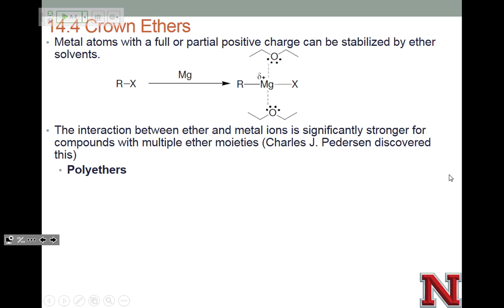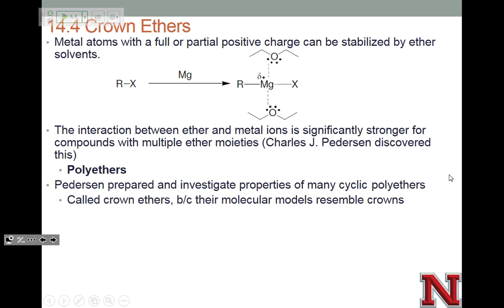Now there are other times when we can use specialized ethers to help in solubilization. Our interaction between ethers that have lone pairs and metal ions is stronger for compounds that have multiple ether oxygens. So we call those polyethers.